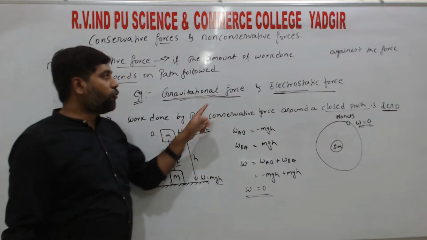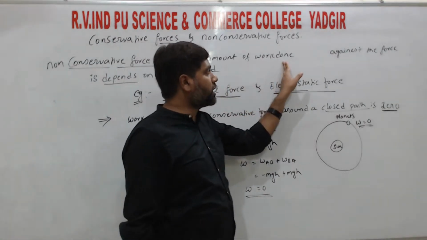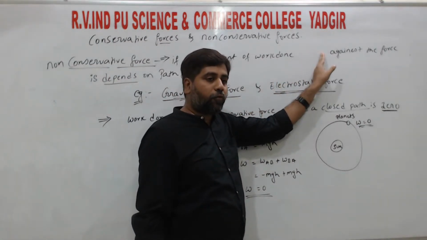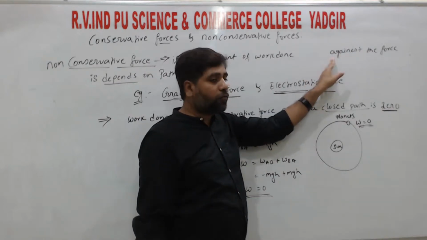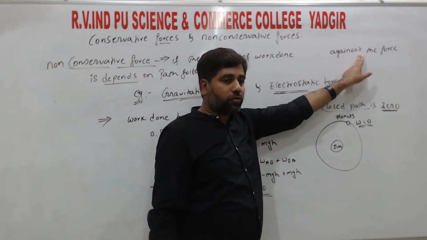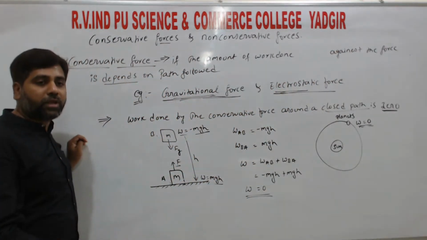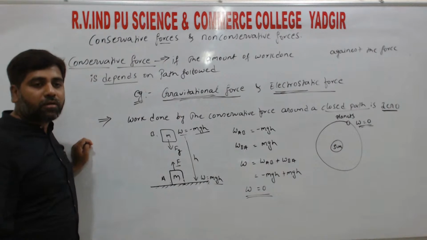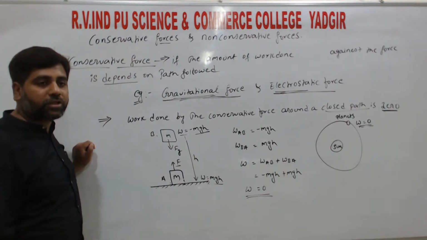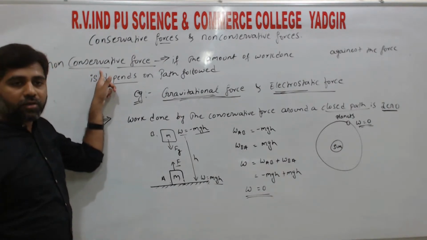Here there were two cases, by the force or against the force. Here it is not by the force, only against the force. When I apply some force on an object, the force against it is nothing but the frictional force. So work done by the frictional force is always non conservative.